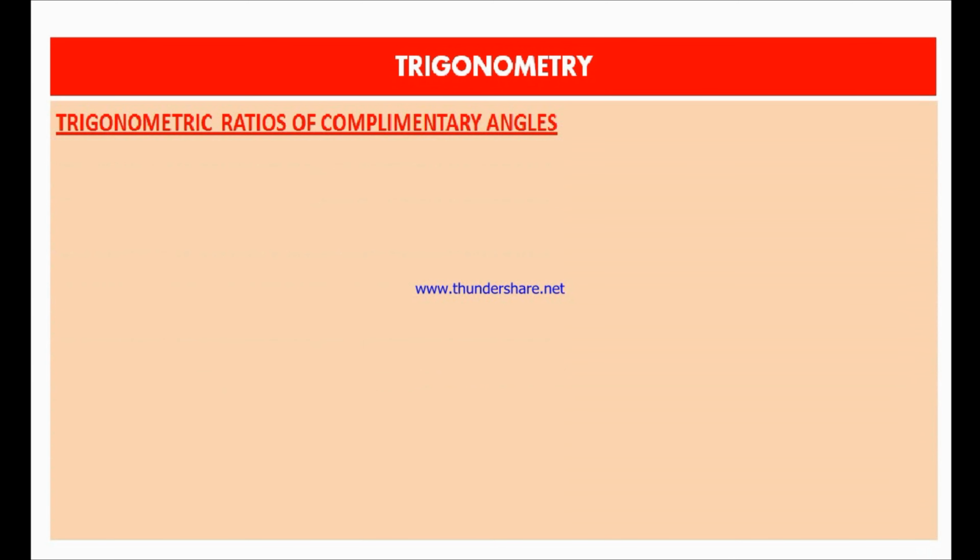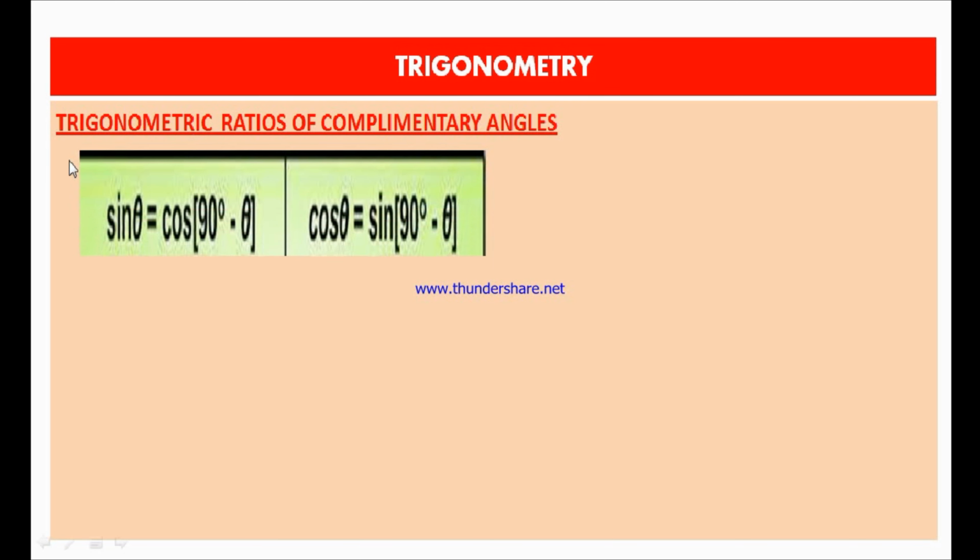Now, trigonometric ratios of complementary angles. When can you say that two angles are complementary? If the sum of the two angles is 90 degrees, then the angles are complementary. Okay, look at the table here.